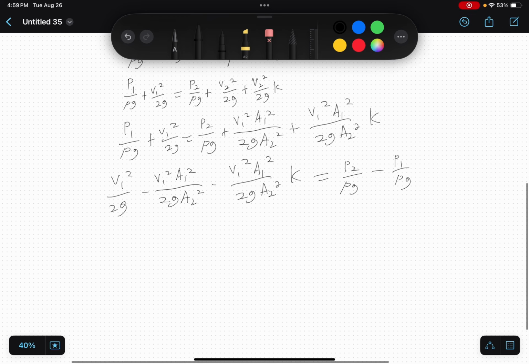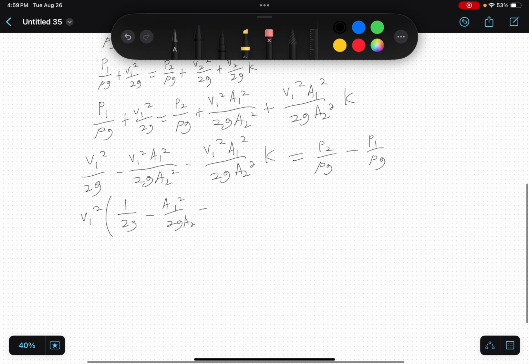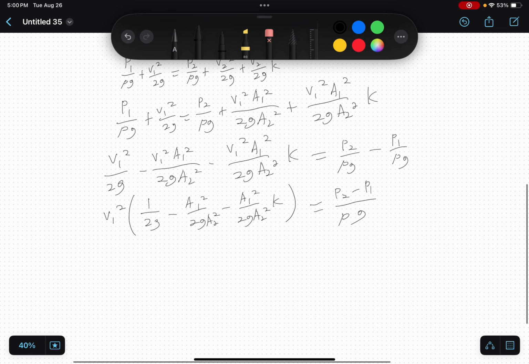Now we can pull out V1 squared on the left side, and we can pull out the rho g on the right side.